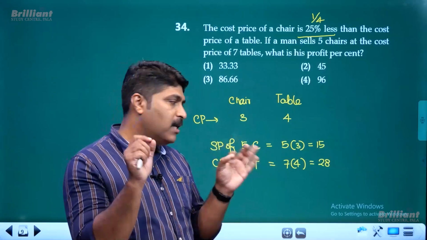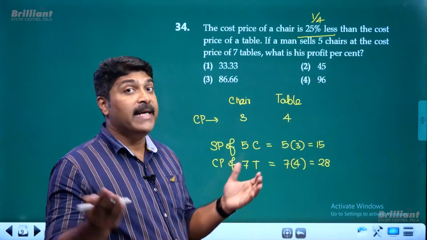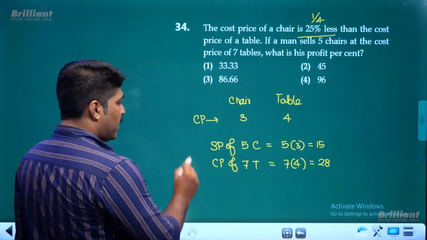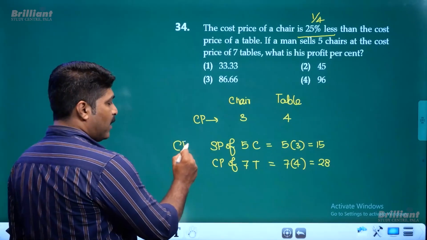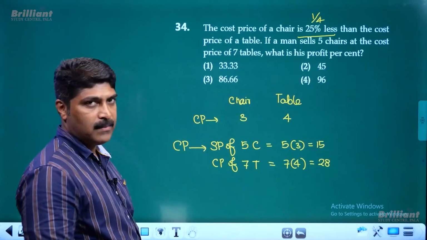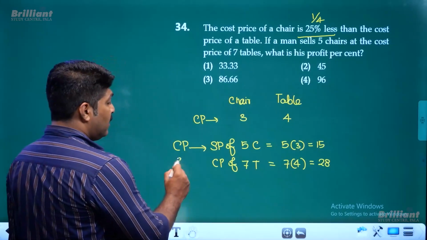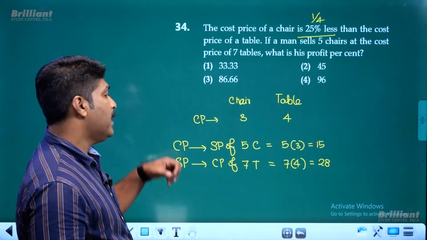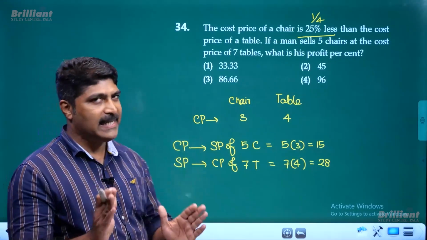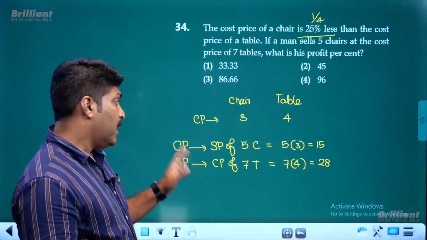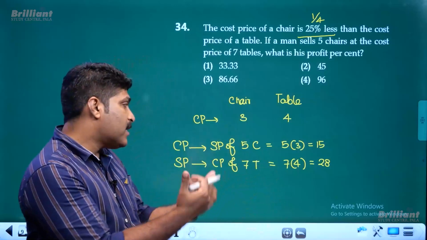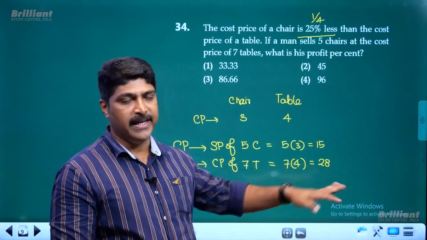He spent only 15 rupees, but he received a revenue equal to 28 rupees. Don't forget, this is the actual cost to him, and this is the actual revenue he received. Understand the point? He sold exactly 5 chairs only. That means he spent this much rupees, but he received the revenue, that is 28.